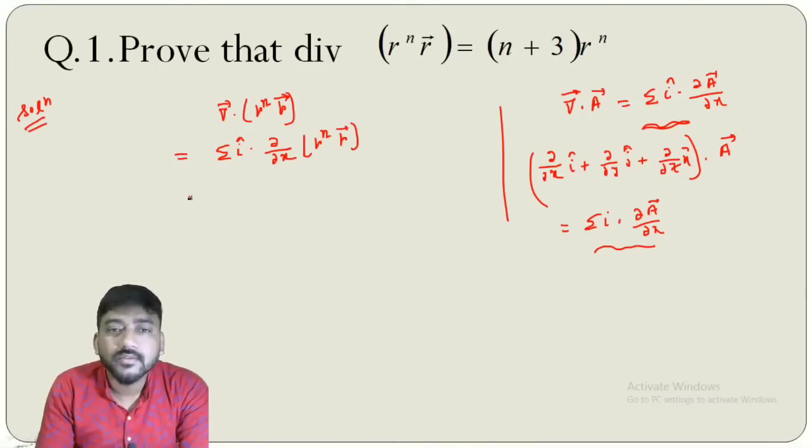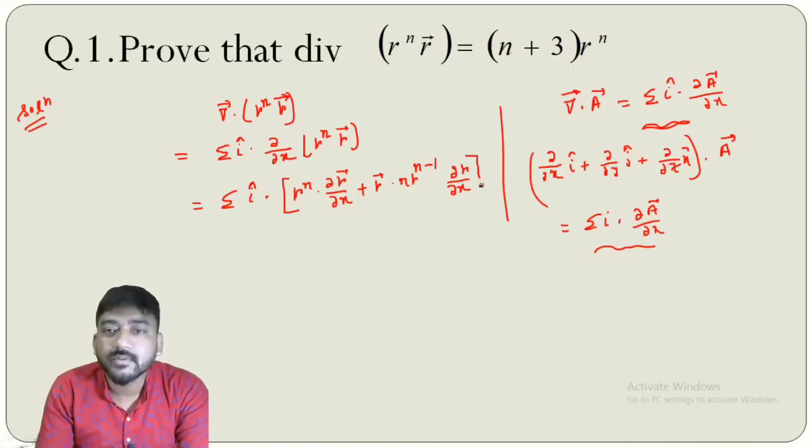Now you can simply differentiate this function with respect to x. r to the power n is the first function, so it is r to the power n into del r vector del x, plus r vector into n r to the power n minus 1 into del r del x. This is the differentiation with respect to x.